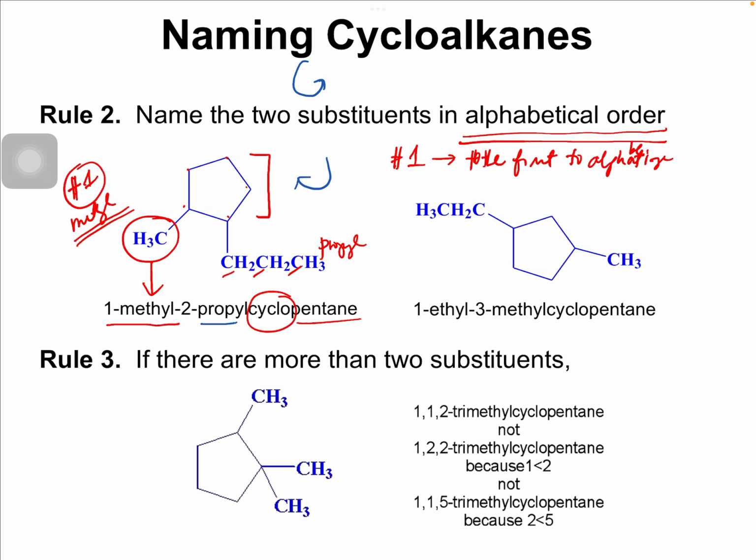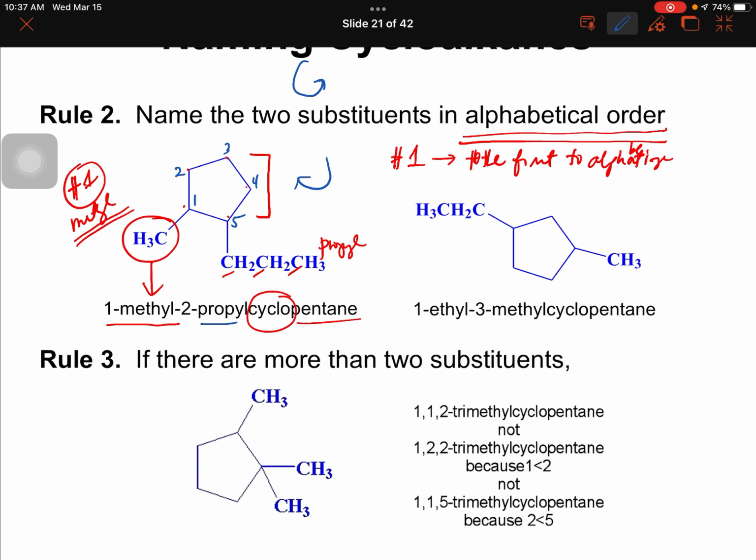So, may dalawa kasing possible na direction. It's either you go clockwise or counterclockwise. Na ang rule ay dapat yung second na ito, si propyl, ay mabigyan pa rin natin siya ng mas mababang number. So, let's say, gusto mong gawing clockwise.